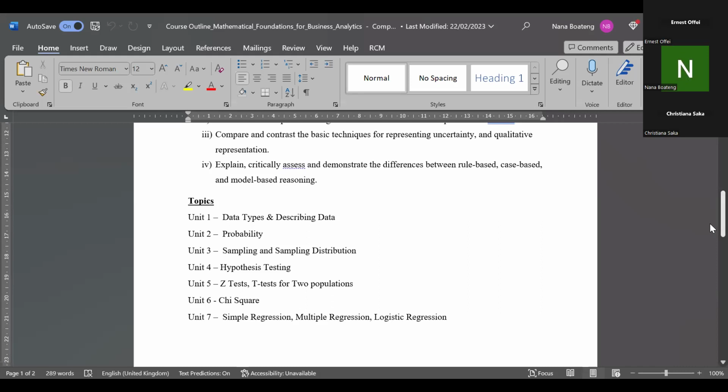We'll be looking at test of independence, that is chi-square, all right? And then regression, that is simple regression, multiple regression, and also logistic regression. All these topics underpin most of the models we'll be using, okay, in data science. So we'll see where this can be applied.